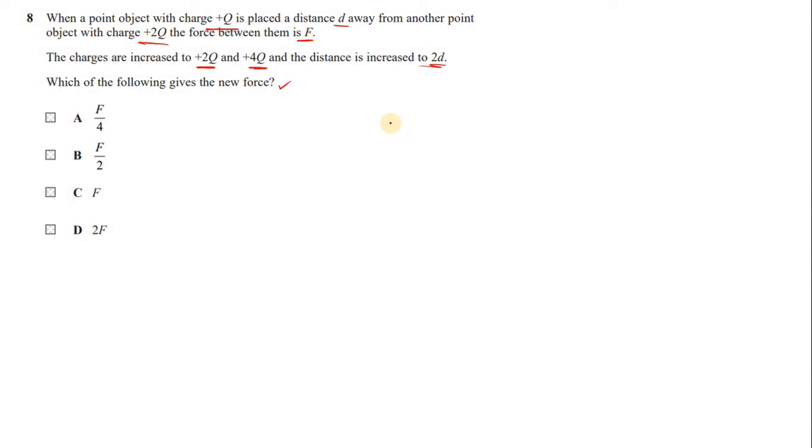You know that force F is equal to K Q1 Q2 upon r squared. K is a constant. Indirectly you can say force is proportional to the product of the two charges and inversely proportional to the square of the distance.